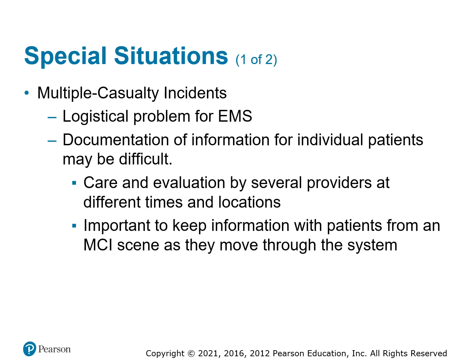Mass casualty incidents. If you have more patients than you can handle, that changes our process of documentation. We'll get to that when we cover the mass casualty chapter later in the class. But you don't have to document a patient care report for every patient. It's very simple.